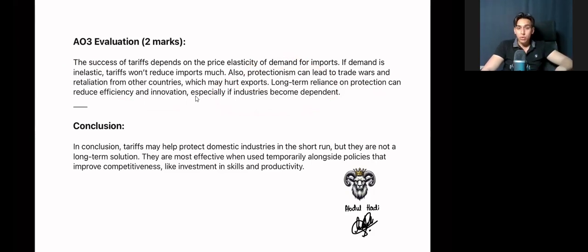They are not a long term solution. So you need to improve yourself. You need to improve the quality of your product, so that people stop importing those goods and services and start consuming domestically manufactured goods. They are most effective when used temporarily alongside policies to improve competitiveness, like investment, skills, and productivity. Everything clear?